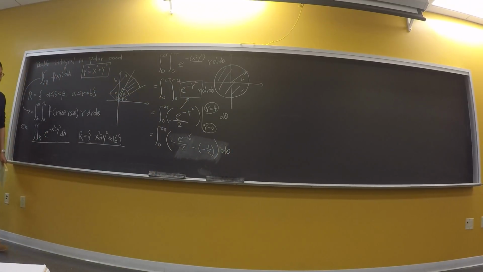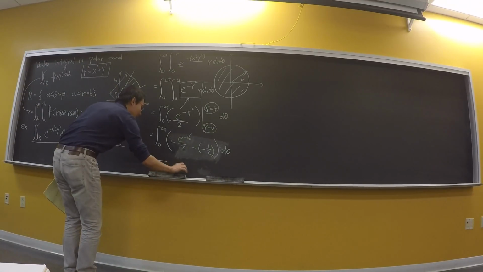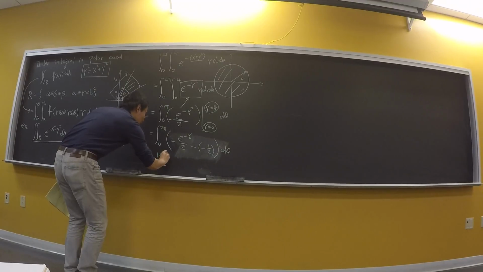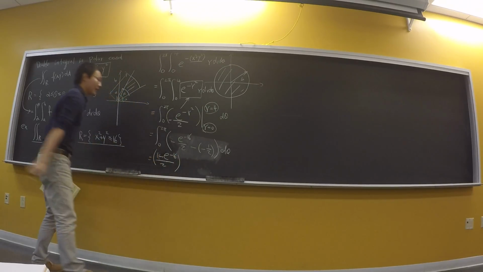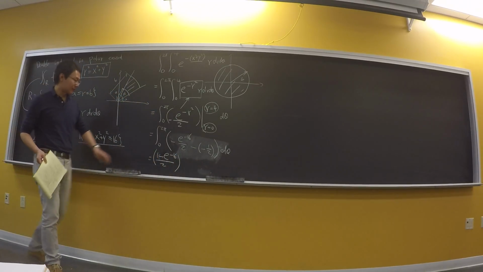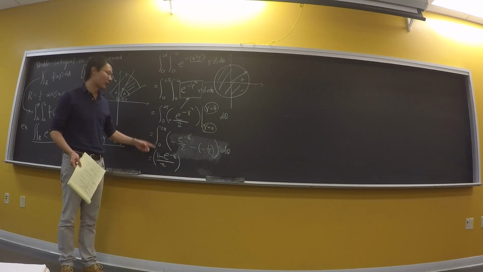So the inside is nothing but half of 1 minus e to minus 16. And then the antiderivative is this constant multiplied by theta, evaluated from 0 to 2 pi.